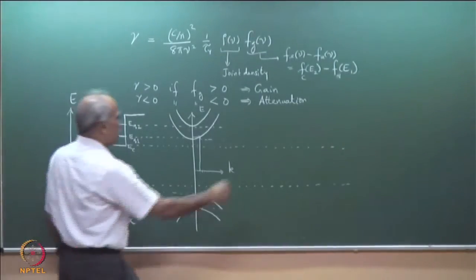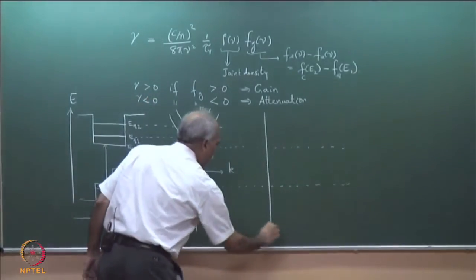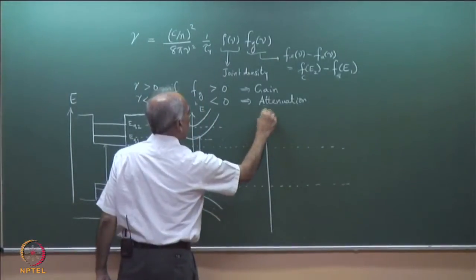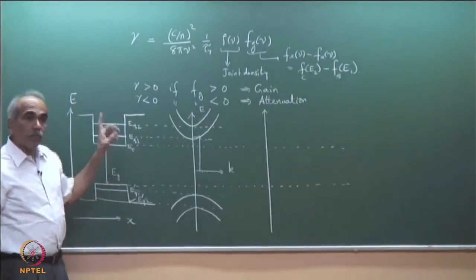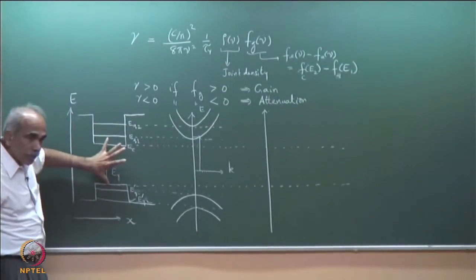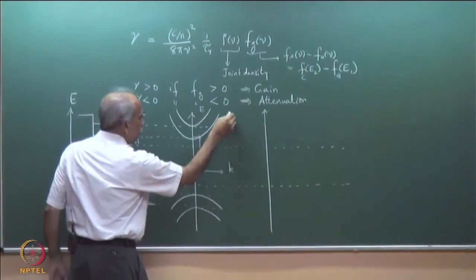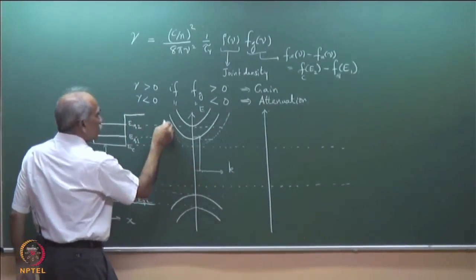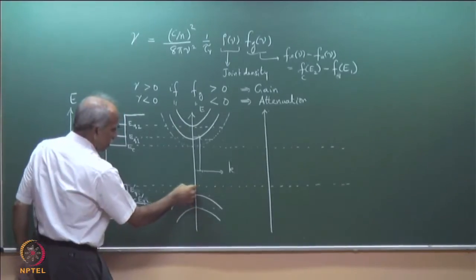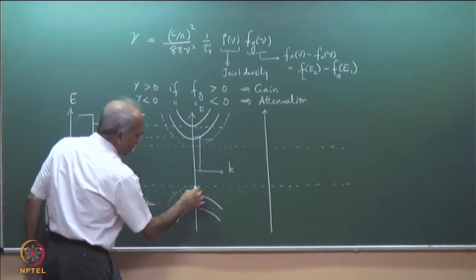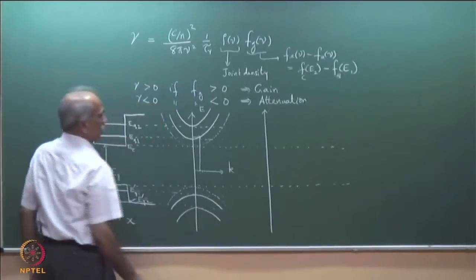We have also got the density of states. If I had taken the bulk material, I would have had the E-K diagram going like this, please remember, right from EC. The dotted line is showing the bulk.